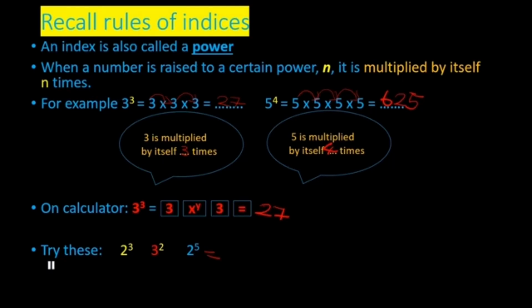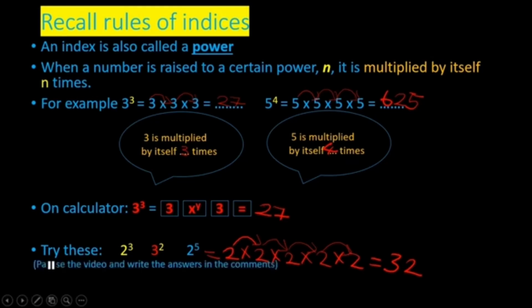So it's 2 times 2 times 2 times 2 times 2. This gives us 2 times 2 is 4, times 2 is 8, times 2 is 16, times 2 is 32. You can do that on your calculator and check if that's the correct answer.